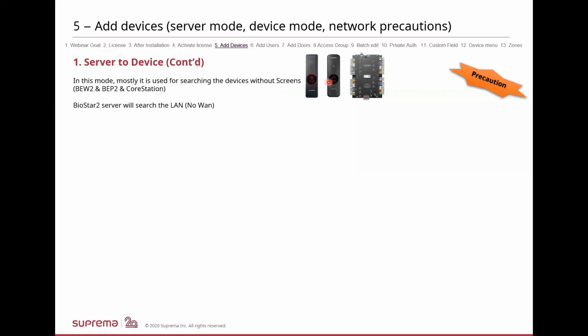So let's start with the first precaution about finding the device. BioStar 2 server will search the LAN only, no WAN. So it is only in the local area of your network. Make sure that the BioStar 2 server has only one active network card with one IP address at the time of search. So please make sure that you disable the Wi-Fi until the search is completed.